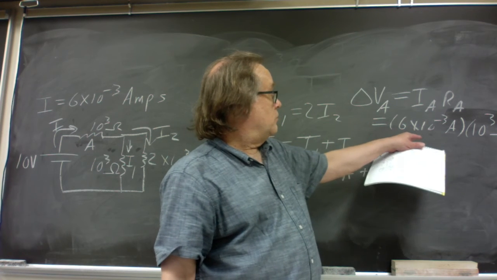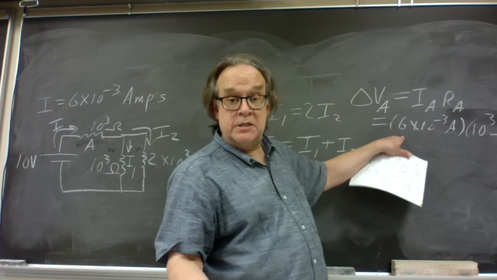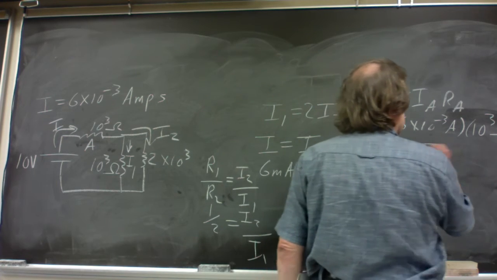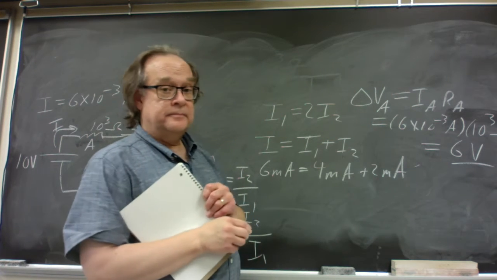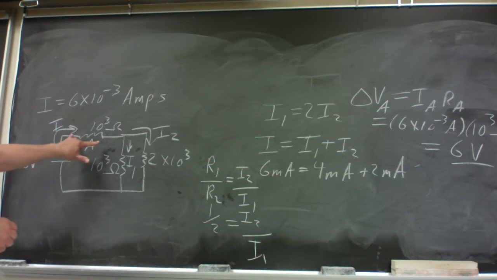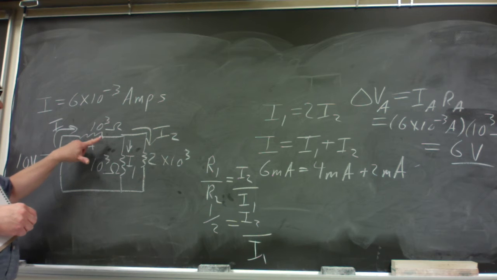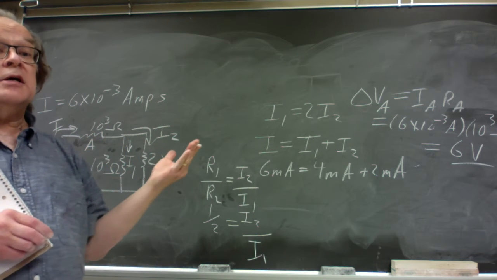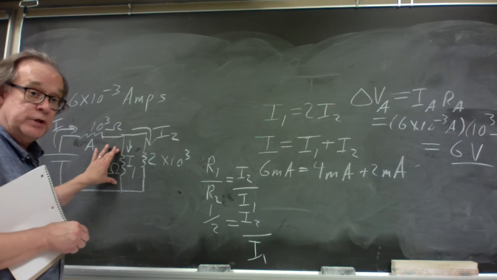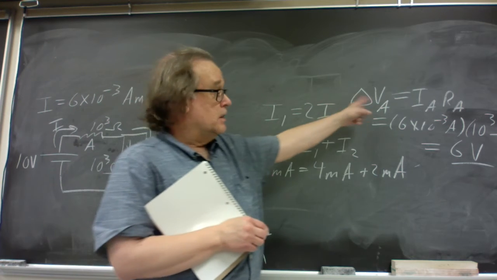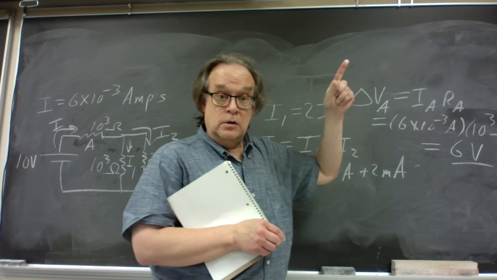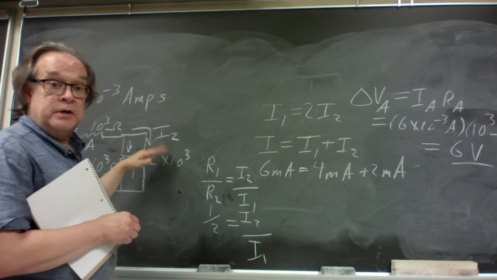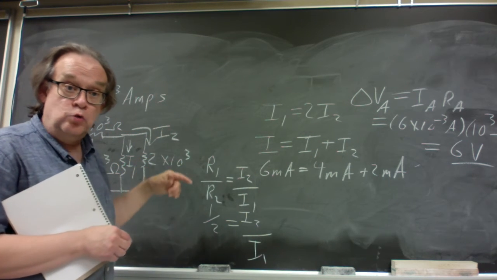So what we've got here is 1 times 6, or 6 volts. 6 volts of potential difference between here, and that immediately tells us what the potential difference is between here and here. We don't even have to do an I times R calculation again, because think of Kirchhoff's loop law.